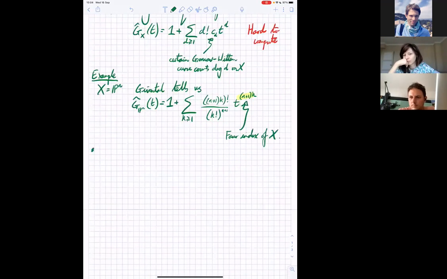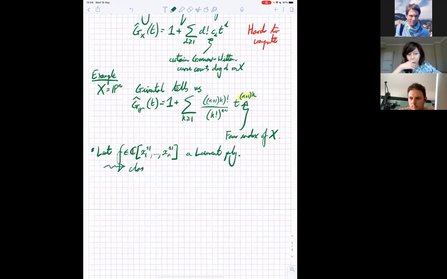Okay, so on the other side of the mirror, let f be a Laurent polynomial. Associated to this is what we call the classical period. So this is given by a certain integral, which I'll write down for completeness.